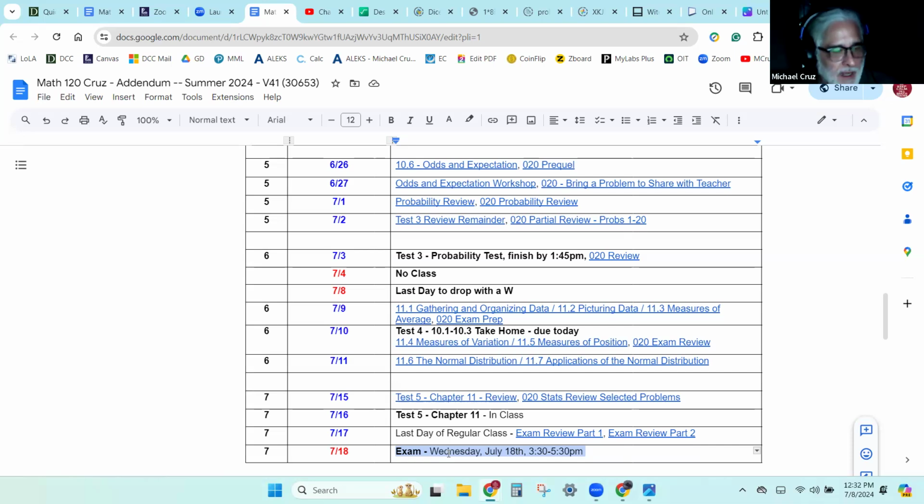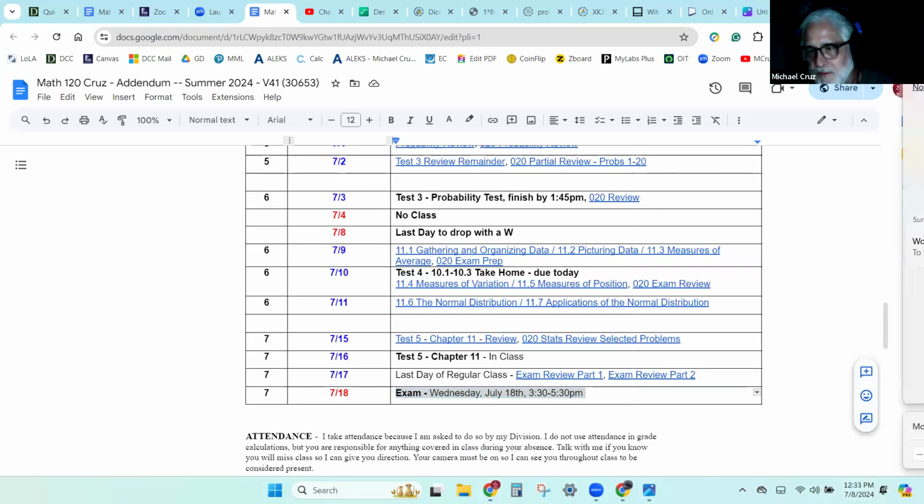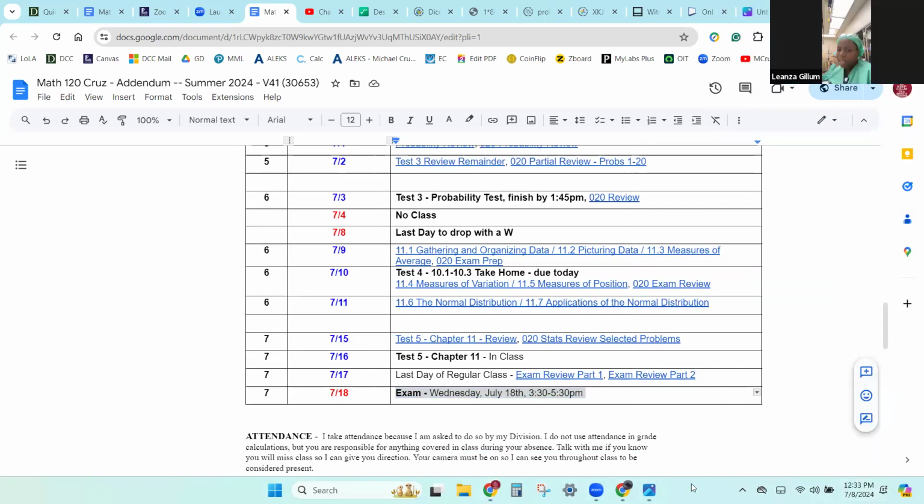In other words, Thursday, there are no classes because Tuesday, right? Isn't that the 17th, Tuesday? I believe it is. The 18th is the last day of class. Okay, well, the 17th or 16th will be the last day of class as far as covering material.